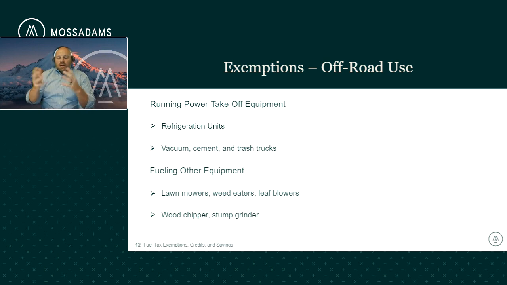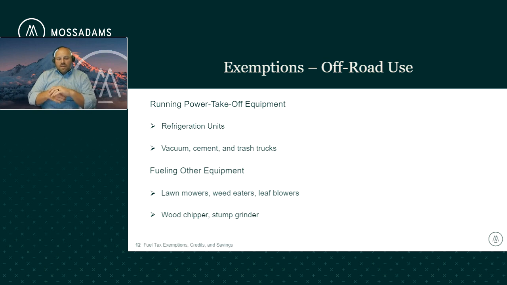The first thing the IRS would tell you is that you need to have some sort of tracking equipment on your trucks, a hubometer so that it tracks mileage, an hour meter on your reefer unit or your cement unit, your trash compacting unit. You need some sort of tracking equipment so that you can get detailed information to understand how much fuel is being burned as you use that power takeoff equipment.